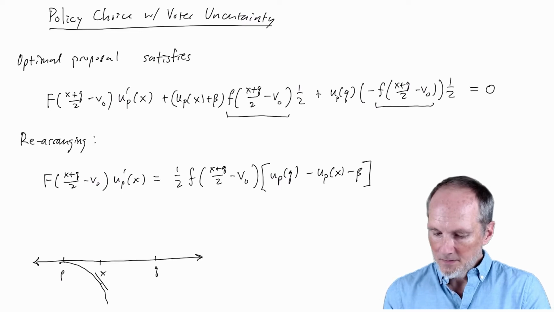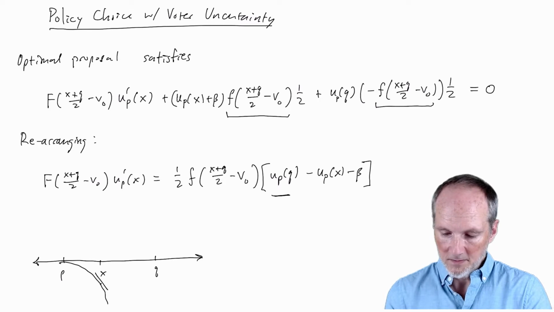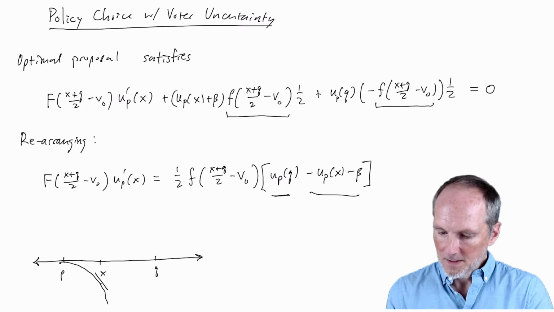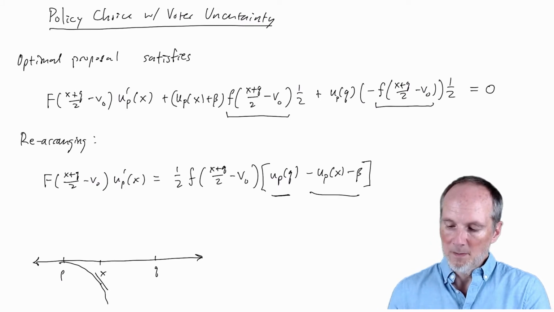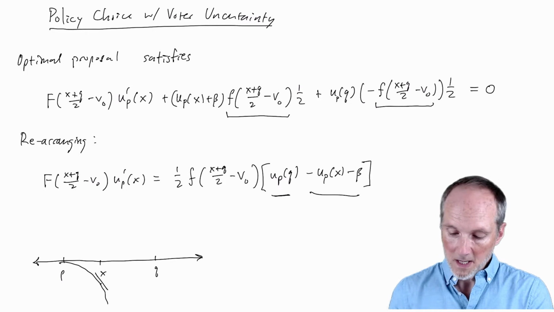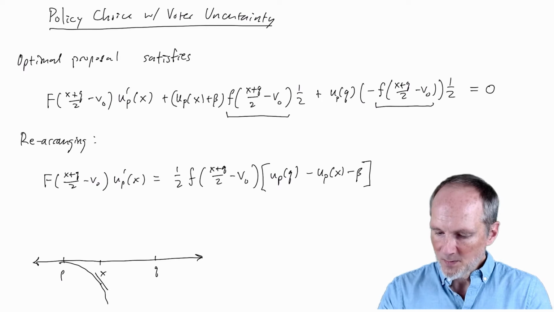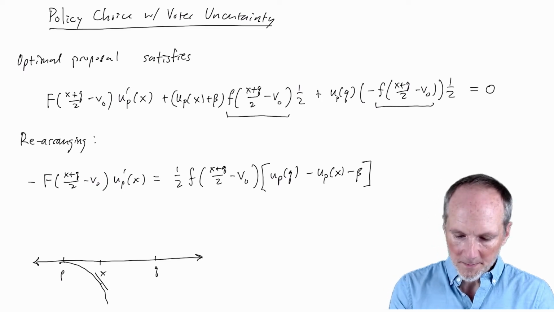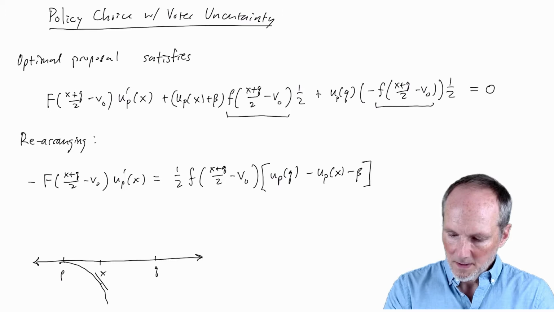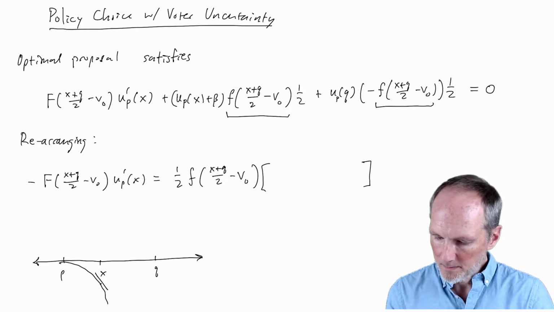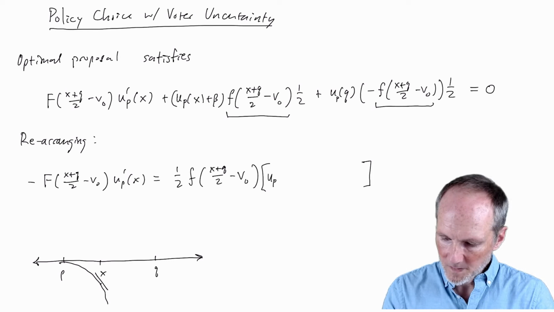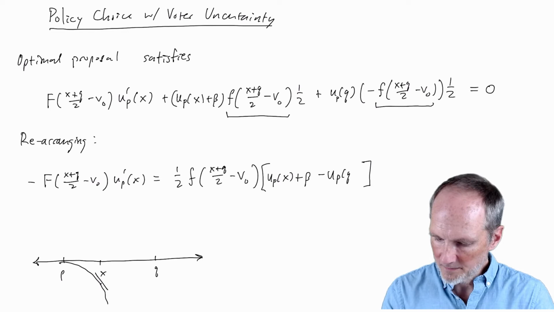On the right-hand side, we have the utility of the status quo, which is pretty low, down there somewhere, minus the utility from x plus whatever benefit of passing there is. So this is also going to be negative. It's easier to look at if I multiply both sides by -1, and that means over here I'm going to write the utility from x plus this benefit term minus the utility from the status quo.